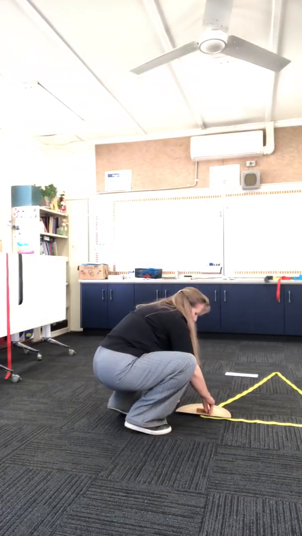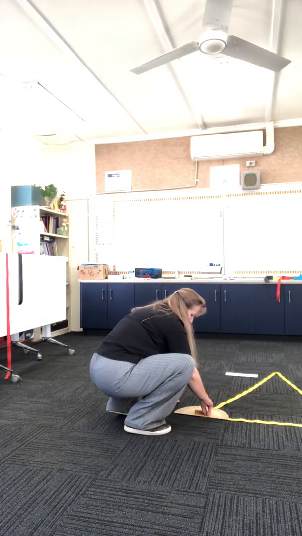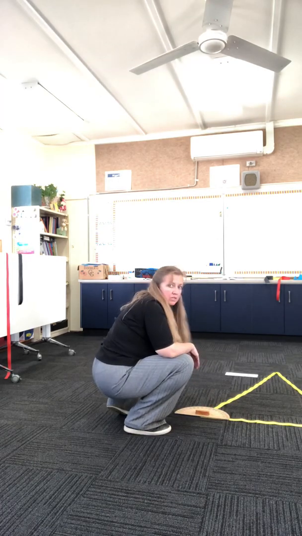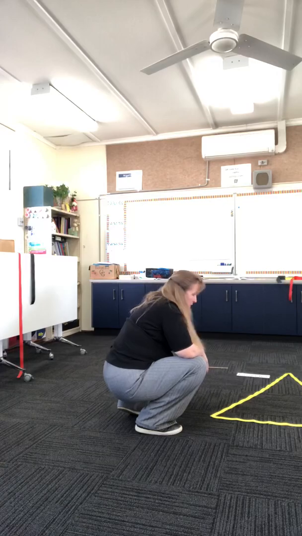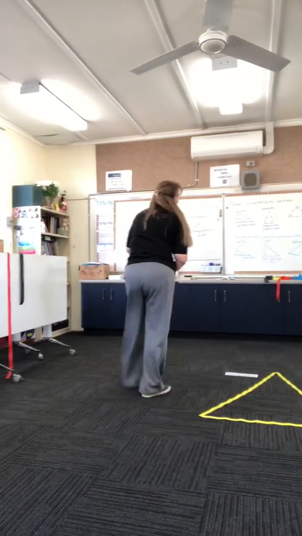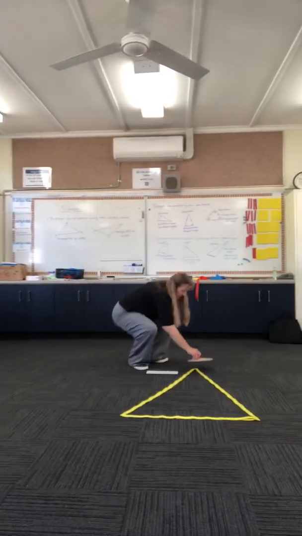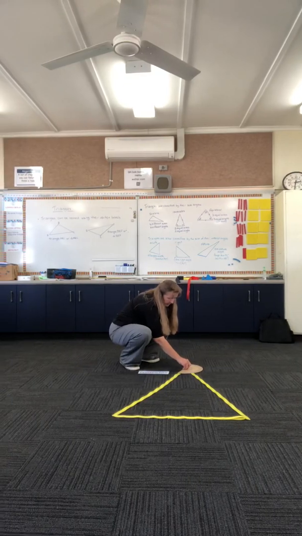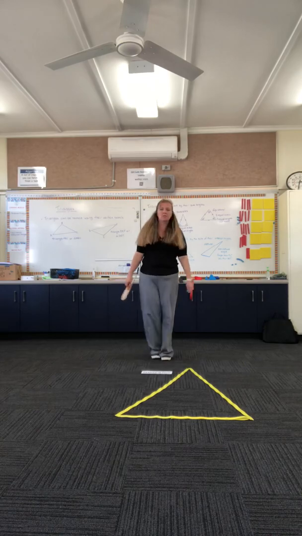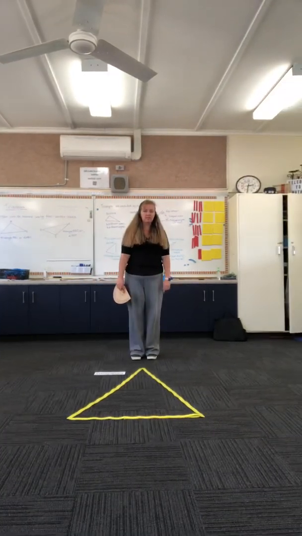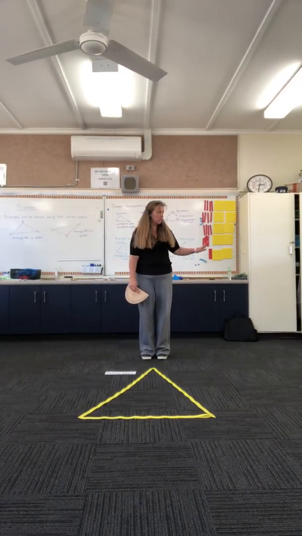And this angle here is also 75 degrees. So these two bottom angles are equal. This top angle is 40 degrees. So we have two angles the same size, and one angle that is different. This is an isosceles triangle.